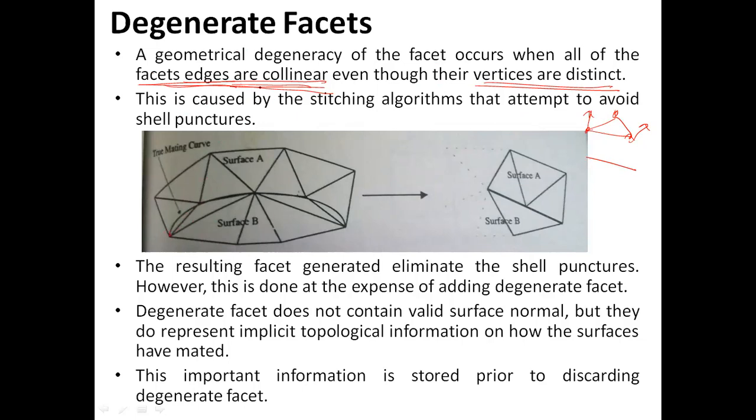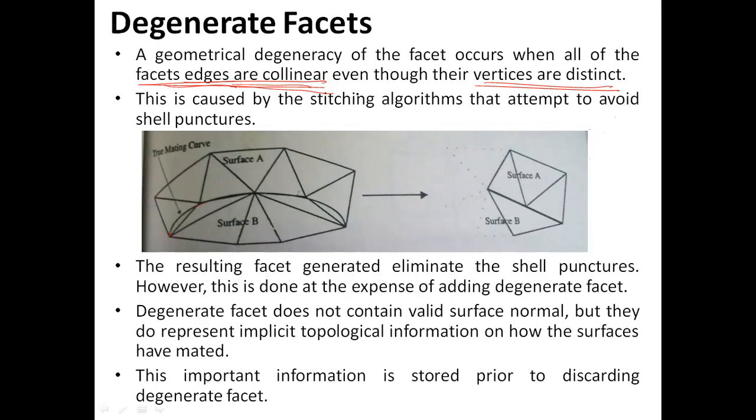Why is this generated? This is caused by the stitching algorithm that attempts to avoid shell punctures. The idea of the tessellation process is to create surfaces at every available location. So in order to fill the gaps, or avoid any gaps on the surface, the vertices are shifted due to numerical errors.